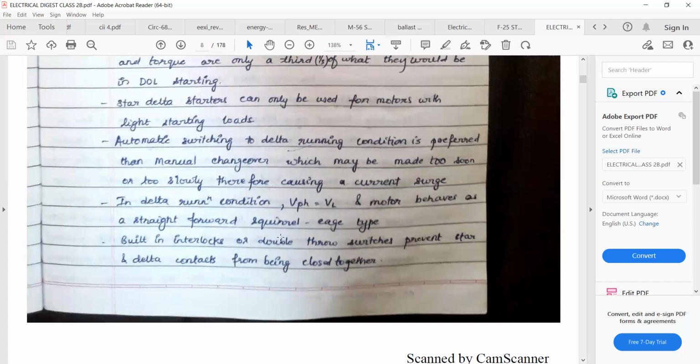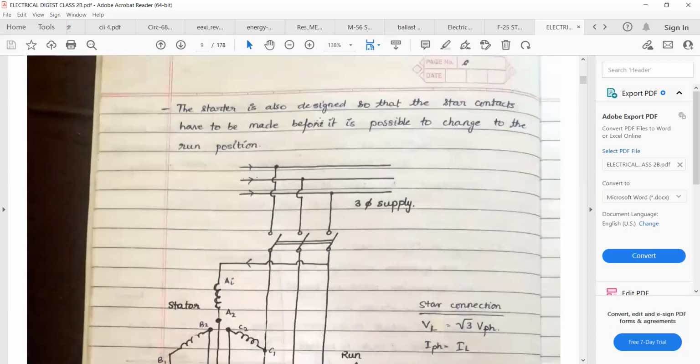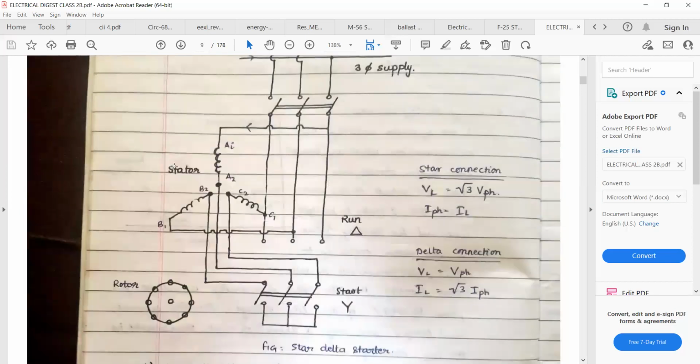Built-in interlocks or double throw switches prevent the star and delta contactors from being closed together. The starter is also designed so that the star connection has to be made before it is possible to change over to run in delta.